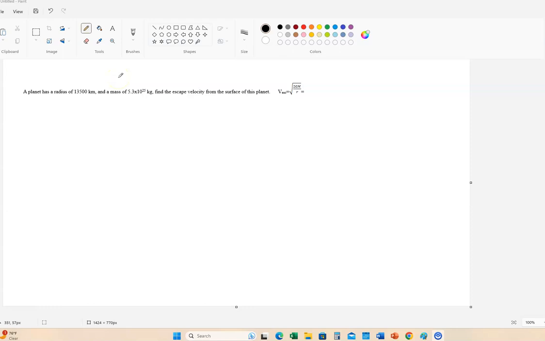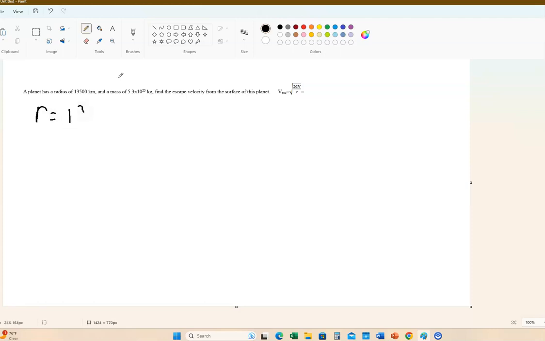So the radius here, r, is equal to 13,500. Of course, that's kilometers, and in the equation, r has to be in meters, so we have to convert this. 1 kilometer is 10 to the third meters.